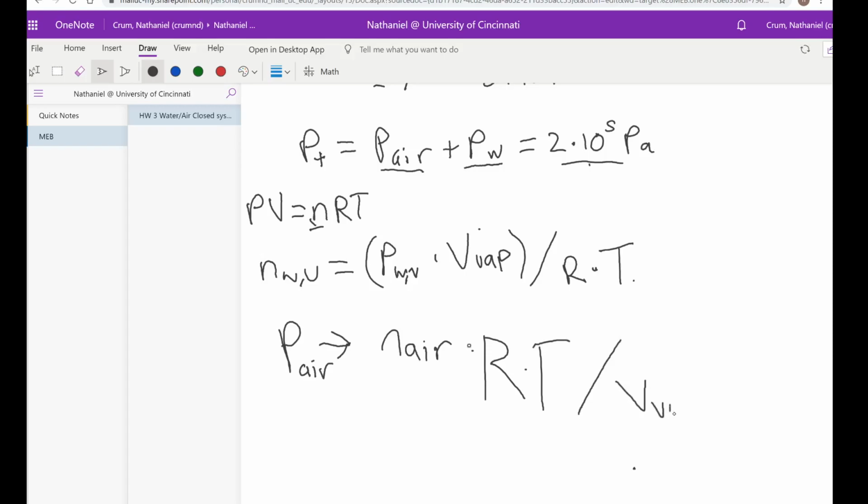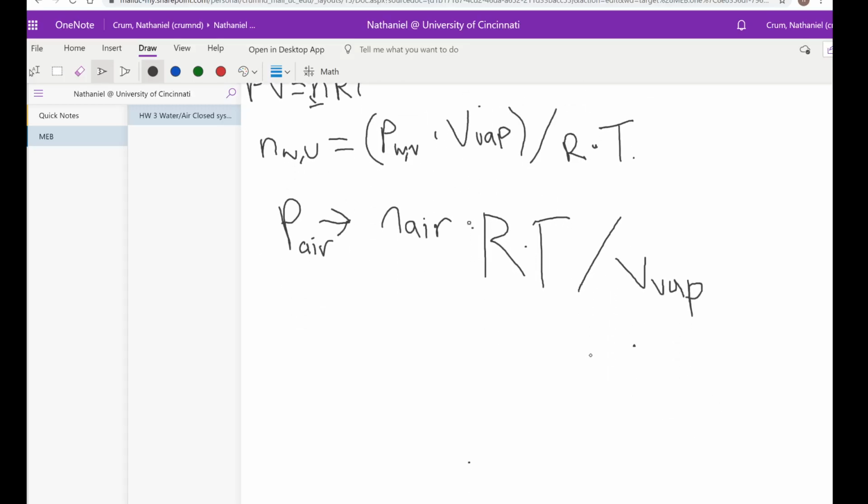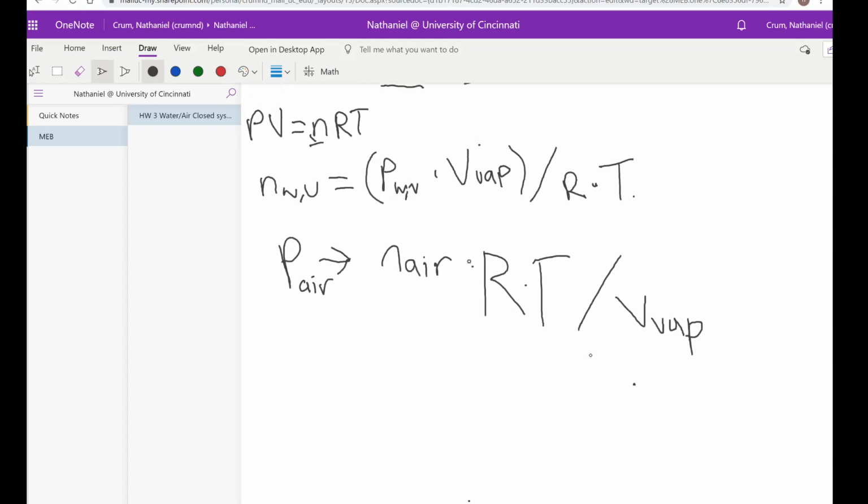So let's go volume, vapor. And then we also need to add on the pressure of water in the vapor phase, H2O, times the temperature.